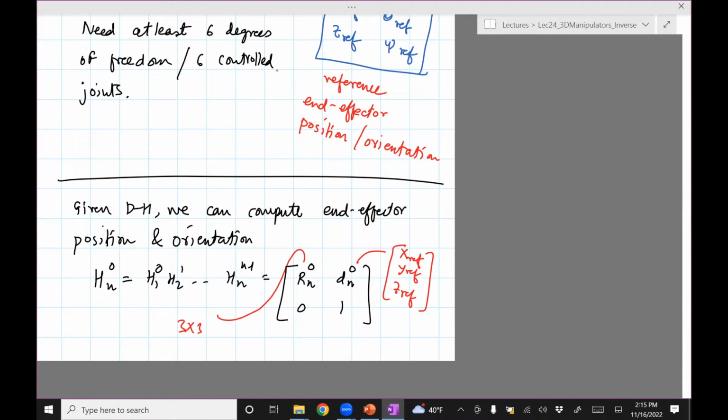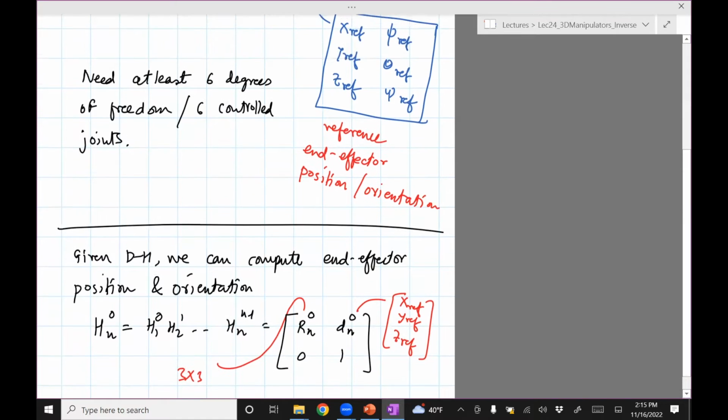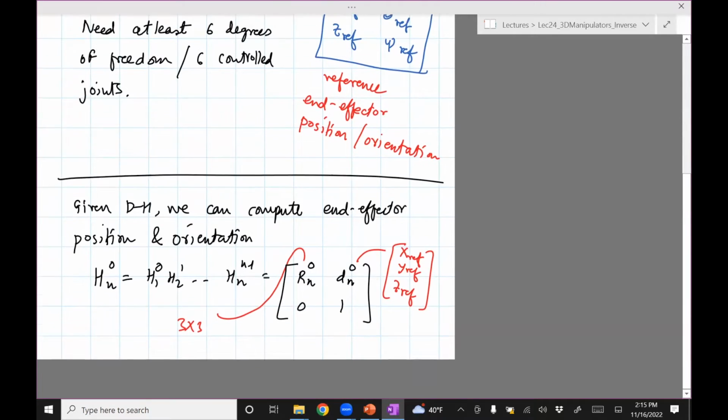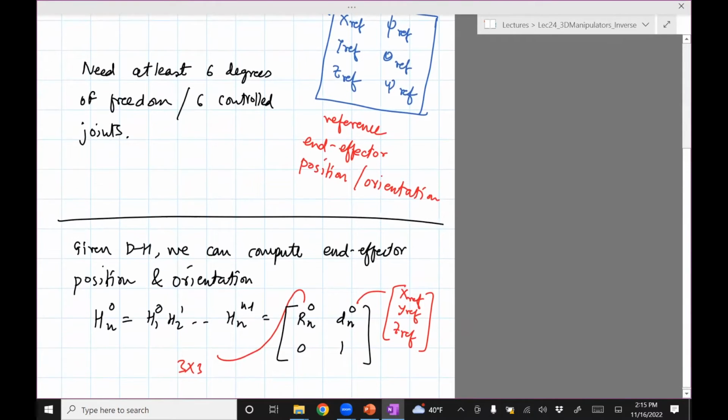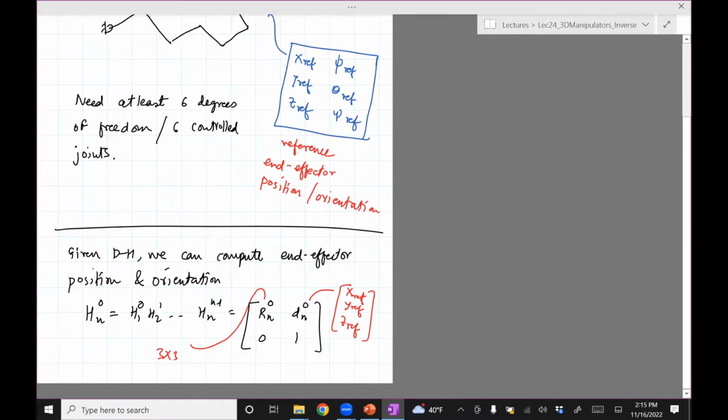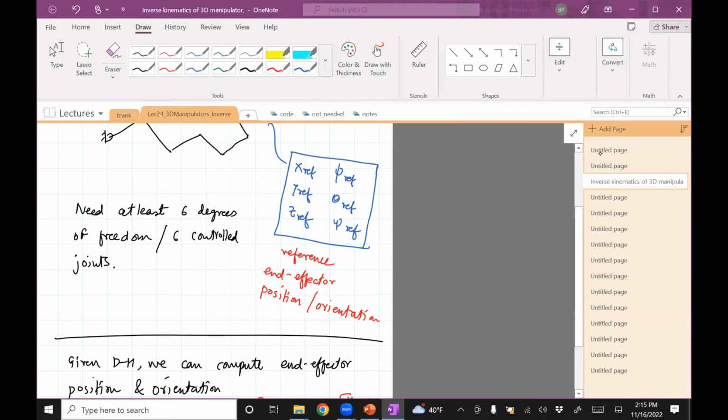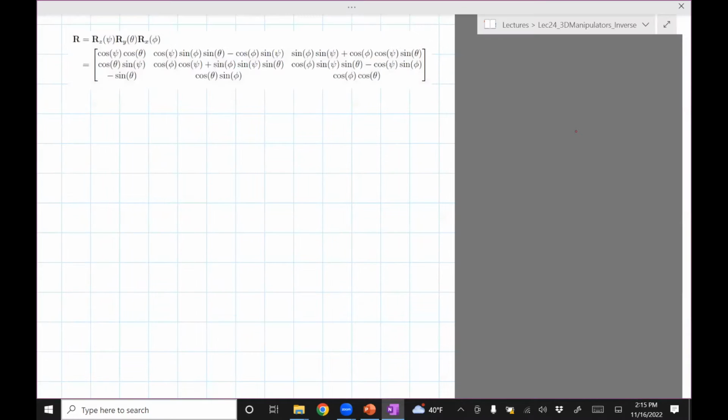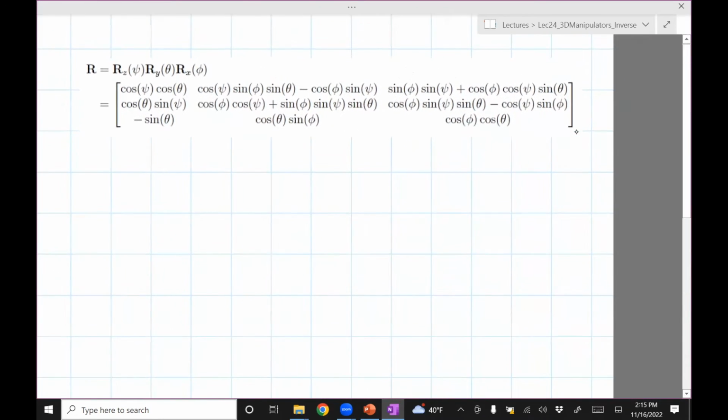Now, how can you get a 3 cross 3 matrix to be equal to phi ref, theta ref, psi ref? Well, it turns out that a given phi ref, theta ref, psi ref, in let's say the 3-2-1 Euler configuration, will give you a rotation matrix. And from that rotation matrix, you can actually extract phi, theta, and psi. This was actually one of your homework questions, I think.